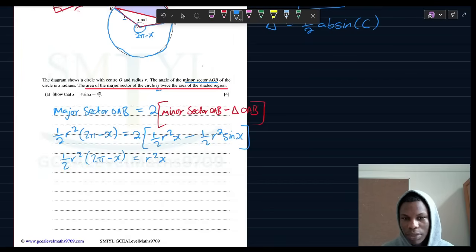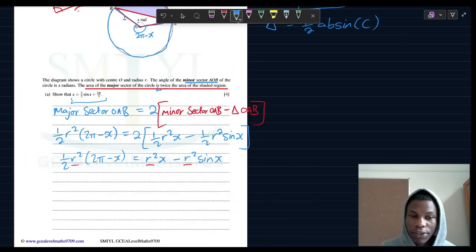If you multiply 2 times half again, that just becomes 1. So that's minus r squared sine x. Here I can tell that in the expression we're going to, we don't have any r squared in it. So I see that all three terms have an r squared, so we can just divide through by r squared.